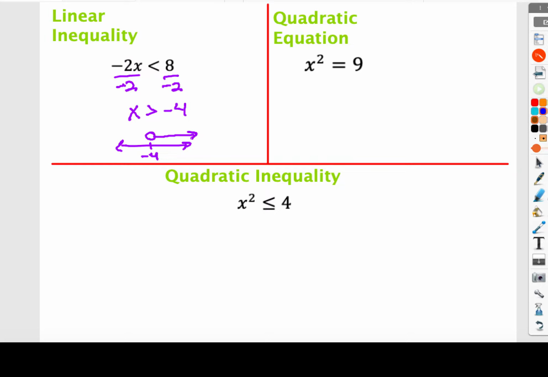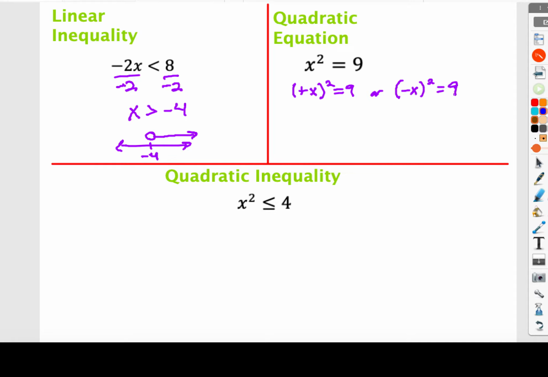Now remember, when we're solving equations, as long as we do the same thing on both sides, we should be in pretty good shape. So here we're trying to get rid of something squared, so we're going to square root it. But technically we're considering the question, when is positive x squared equal to 9, or technically a negative x squared equal to 9, because we wouldn't know the difference.